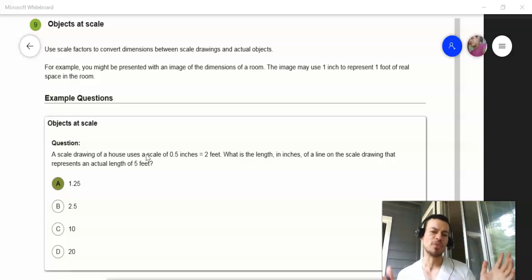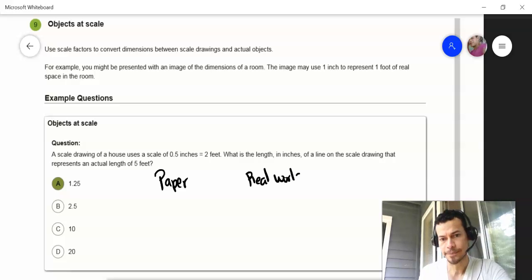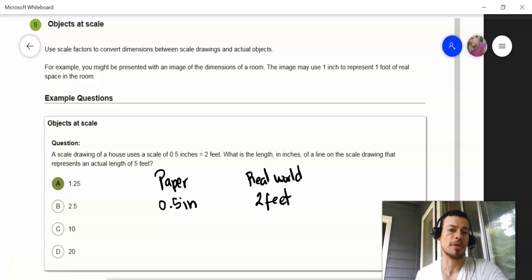So now let's organize the information. We have two situations here. We have paper and we have real world. We know because the problem says that 0.5 inches of a drawing on paper equals 2 feet in the real world.